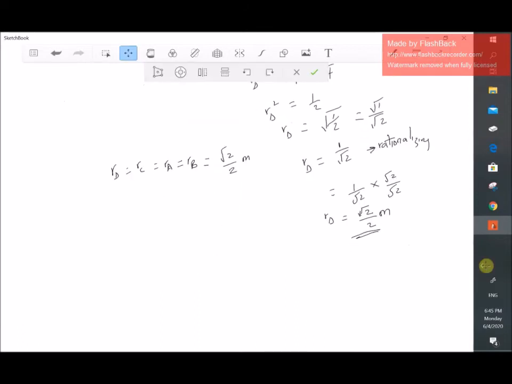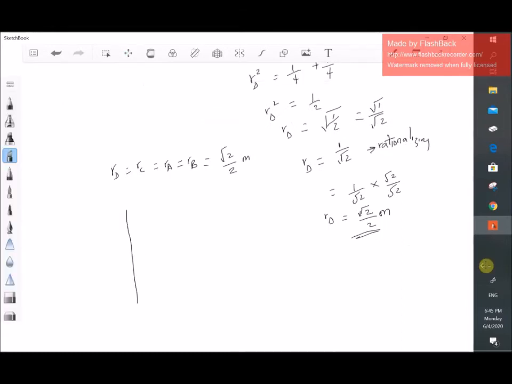We draw a table again. This is my masses in kg. This is my distance from the center in meters.